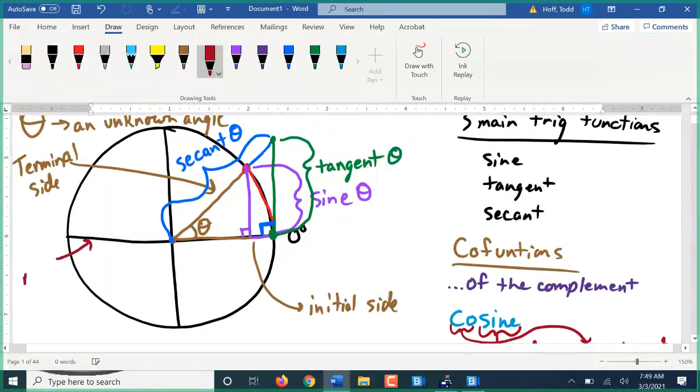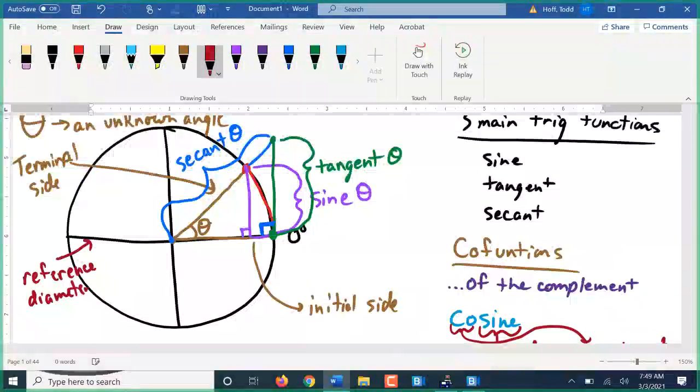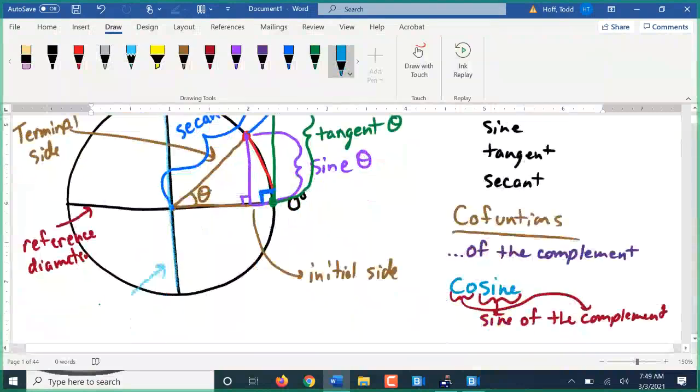This is our reference diameter here. Horizontal diameter. This complementary reference diameter.